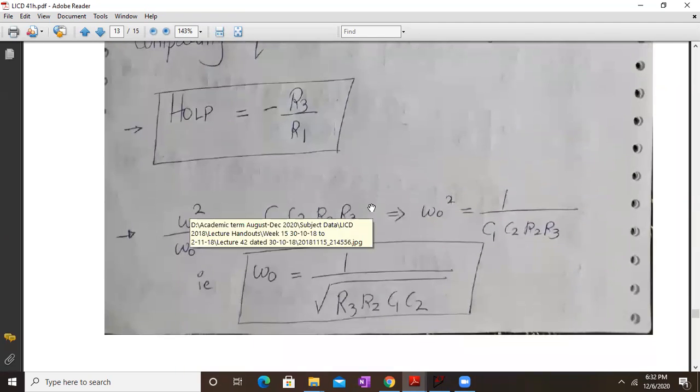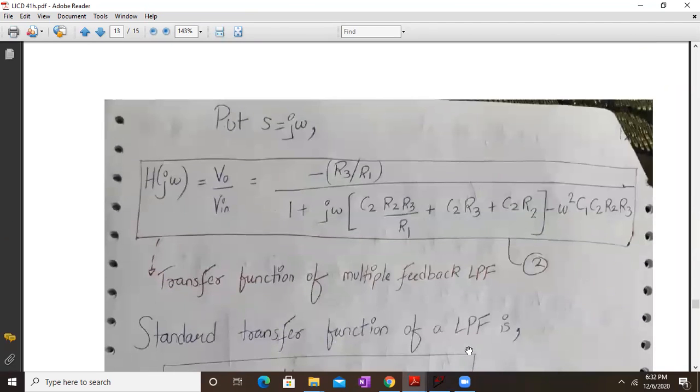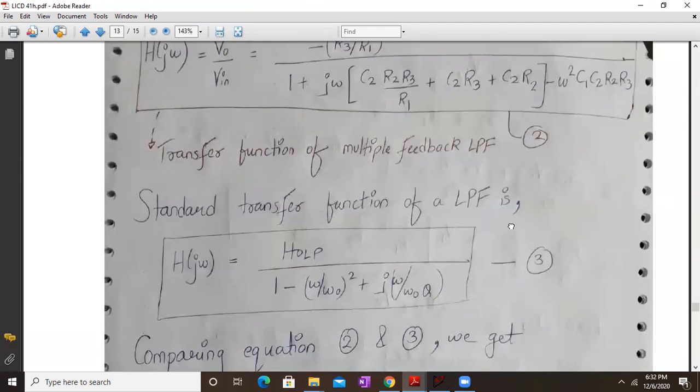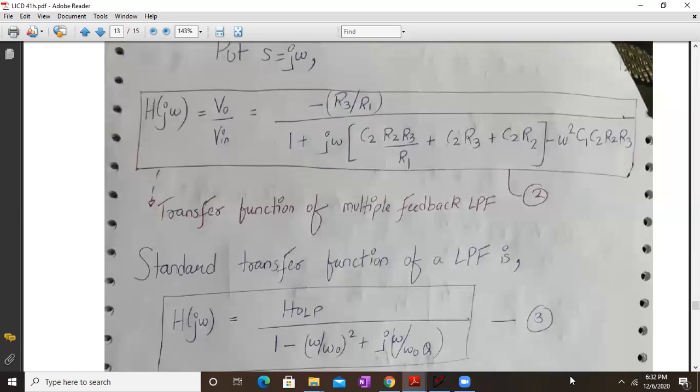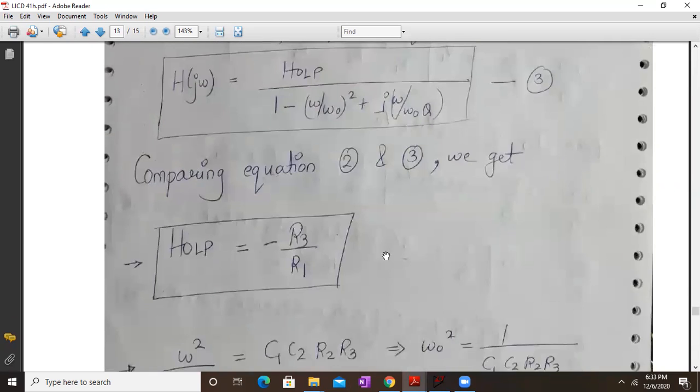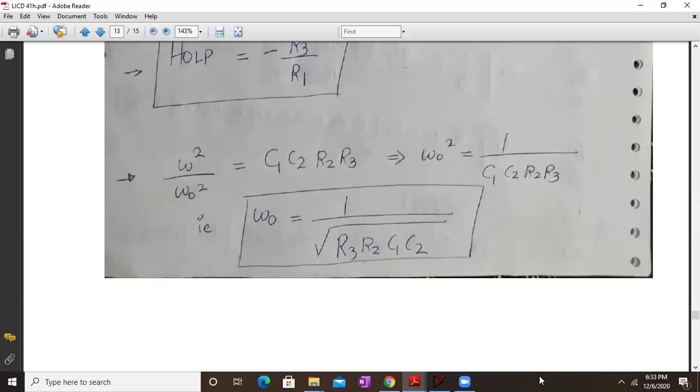Okay. Next we will compare omega square. So minus omega square upon omega naught square will be equal to omega square C1 C2 R2 C3. So that is what we have written over here. From here omega square will get cancelled out. Actually, here omega square should not be there. If it is there, then here also it should be there. Let me just use the annotation.